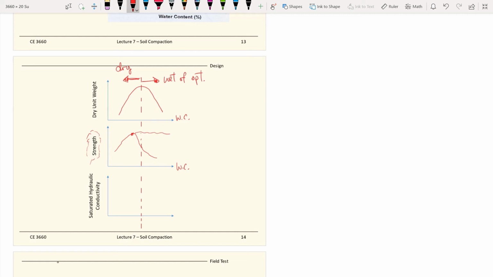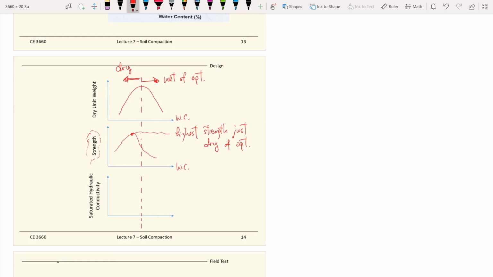is highest when this is just dry of optimum. So if that happens, you may want to specify the design for the compaction to be done at a water content a little bit dry of optimum.